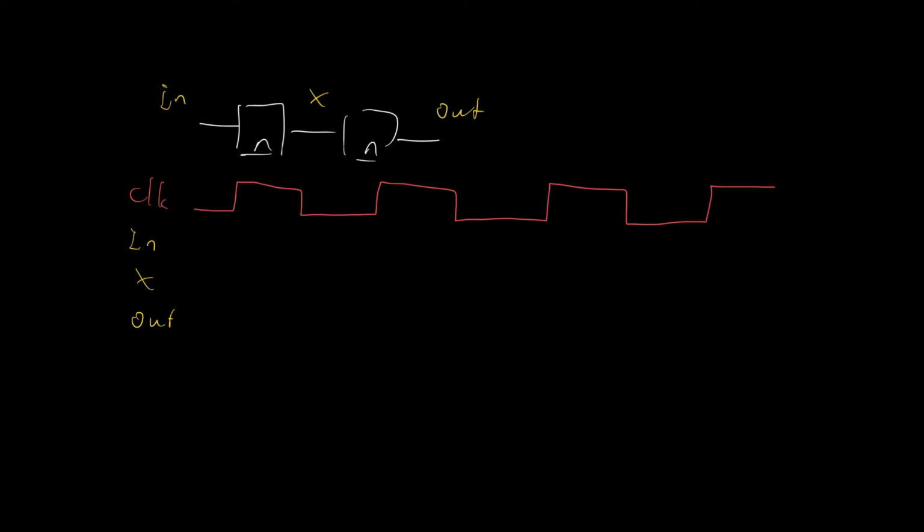So let's have a look at what can happen then. Let's assume that initially X and out are both 0. My input's initially 0 and it transitions to a 1 right at the rising edge of a clock. If it's at just the wrong time, so to speak, then this flip-flop will enter a metastable state.